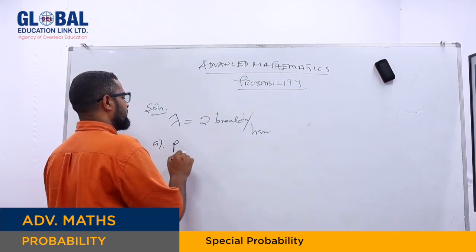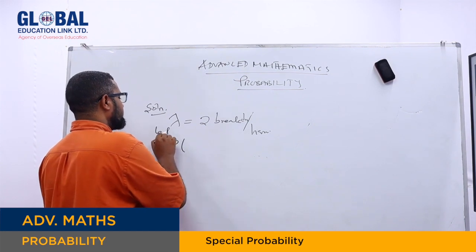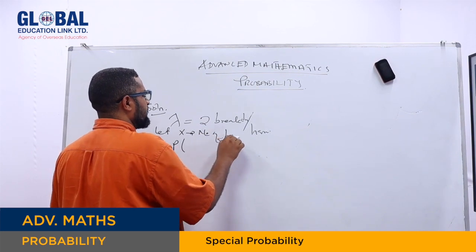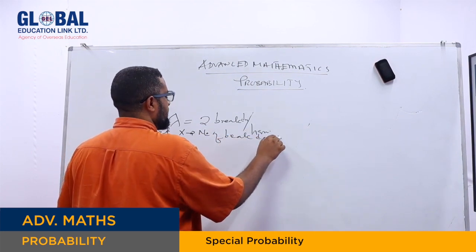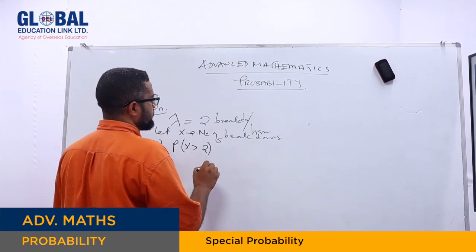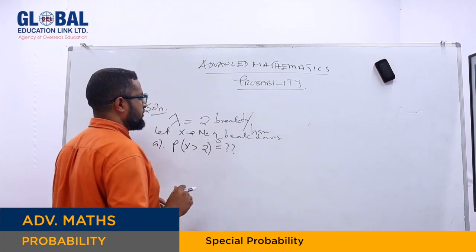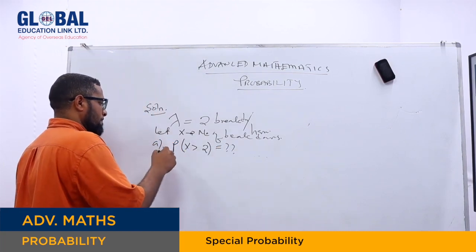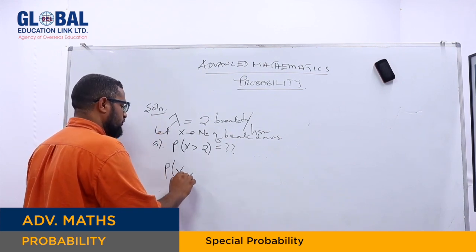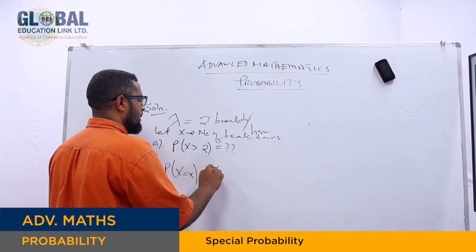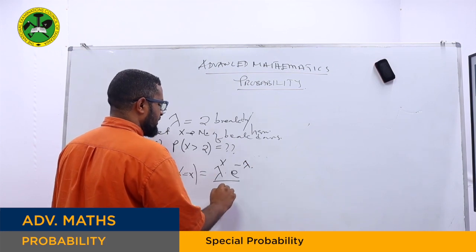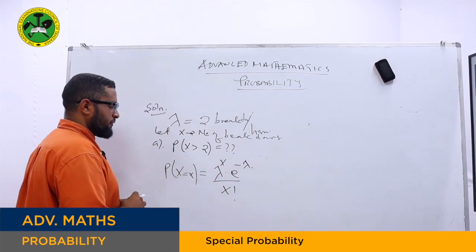So let x stand for the number of breakdowns. So it is x greater than 2. That is the question. But from Poisson, probability of x equal to x is given by lambda to the power of x, e to the power of negative lambda divided by x factorial.